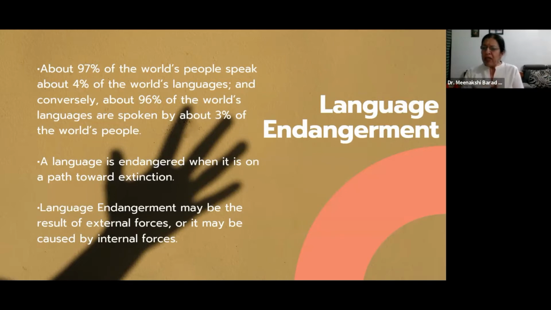There might be external forces such as military, economic, religious, cultural, or educational subjugation, or it may be caused by internal forces like a community's negative attitude towards its own language.